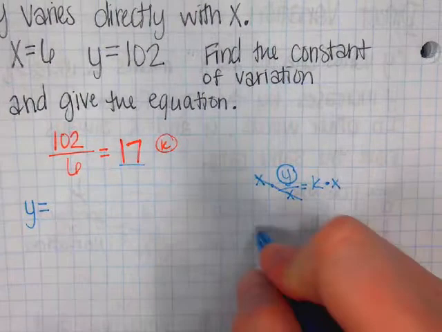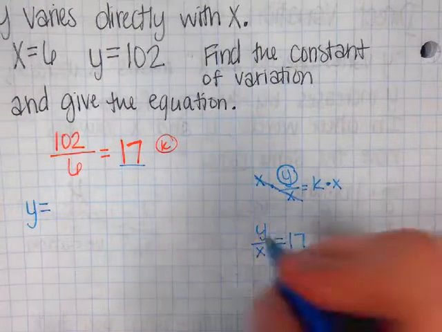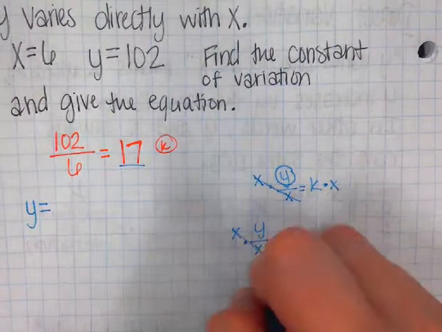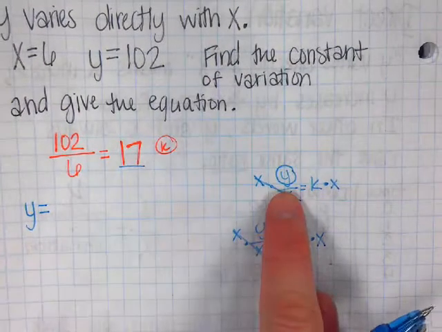So in this equation, we're going to plug in what we know: y divided by x equals 17, and then we're going to multiply by x.